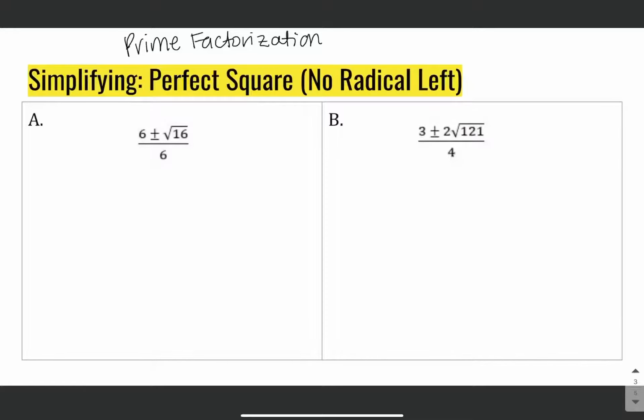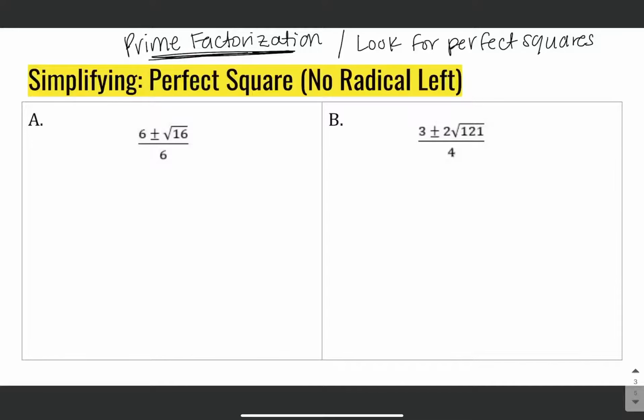You can also technically always look for perfect squares. But sometimes perfect squares are hard to find, especially if maybe you're not as well versed with finding or recognizing perfect squares. So again, this video is specifically going to use prime factorization, just in case you're having a little bit of trouble looking for your perfect squares.